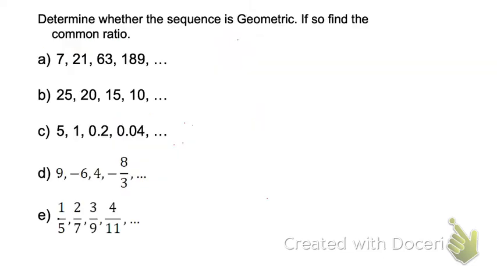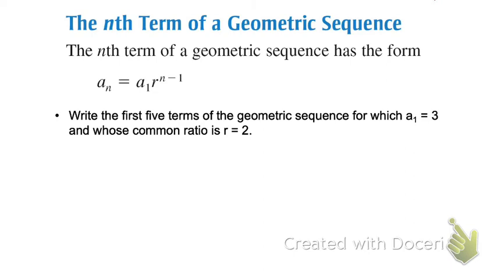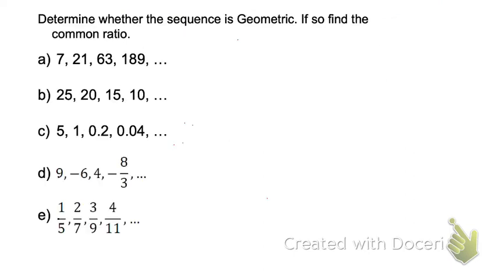Okay, so determine whether the sequence is geometric. If so, state the common ratio. On your test, I will give you sequences, and I will say, is it geometric, arithmetic, or neither? So you'll have to figure that out. The way I'm going to do it is I'm going to take the second divided by the first, the third divided by the second, the fourth divided by the third.